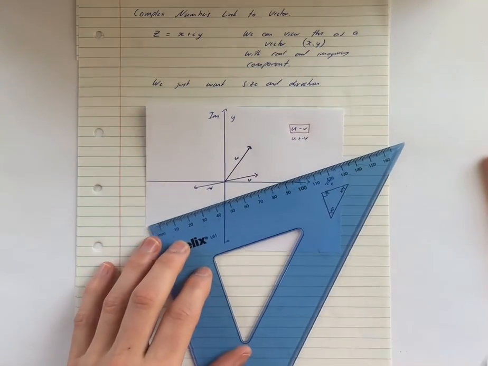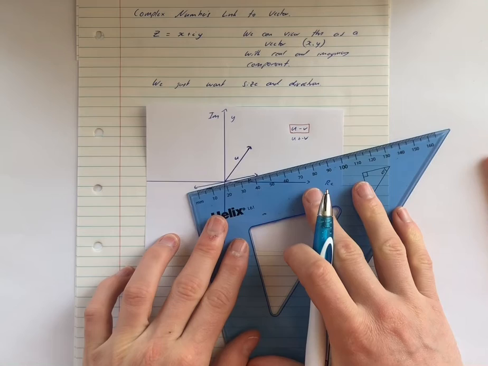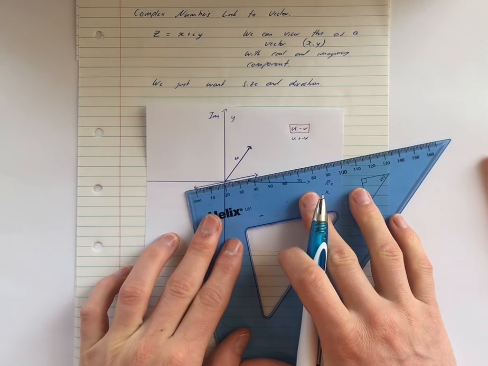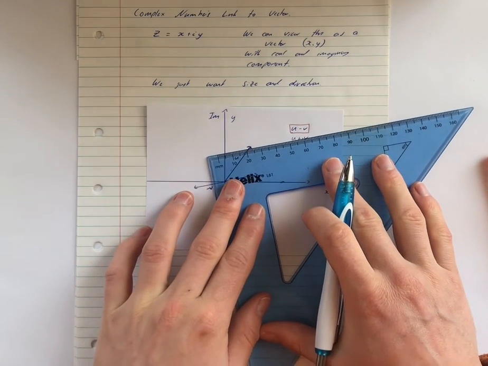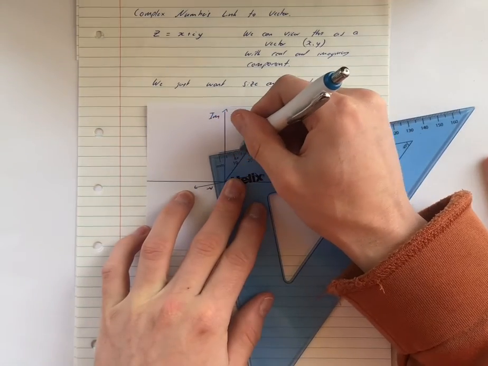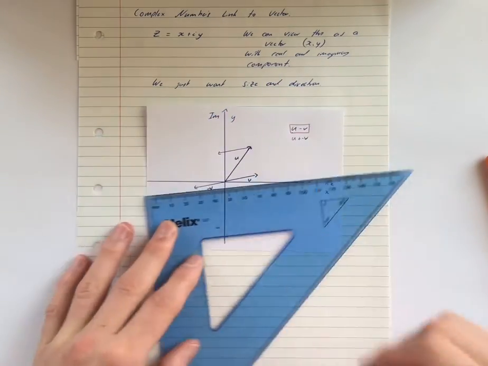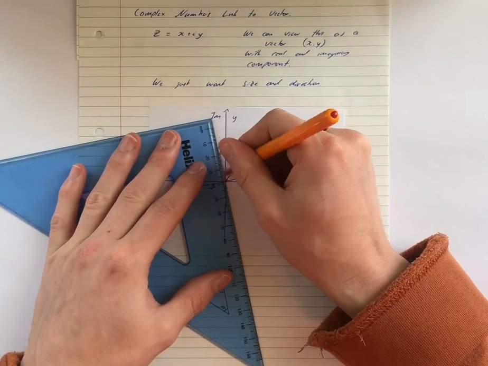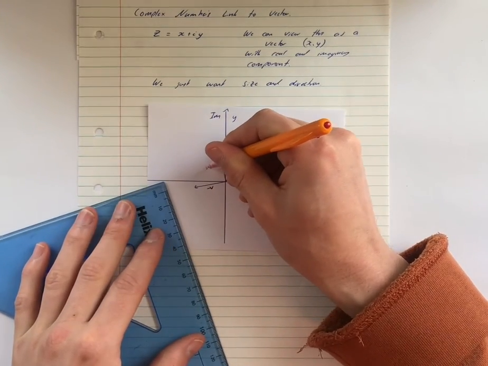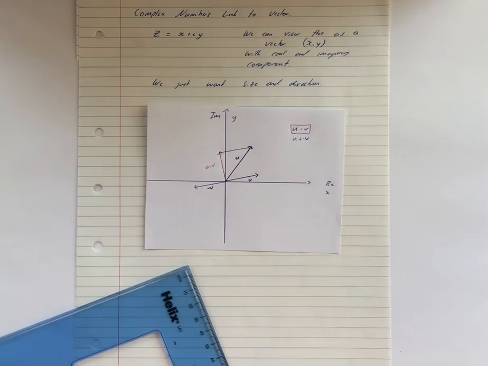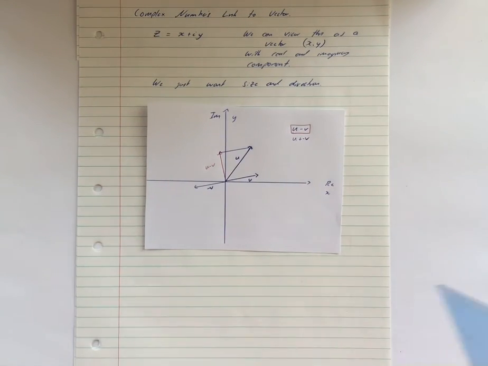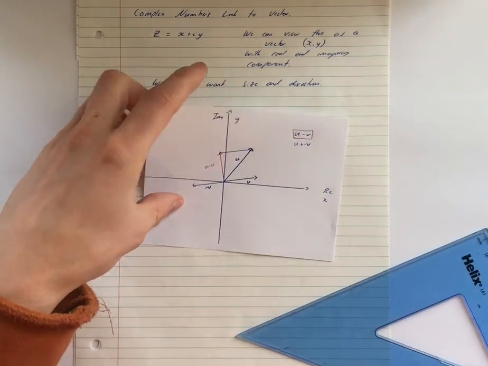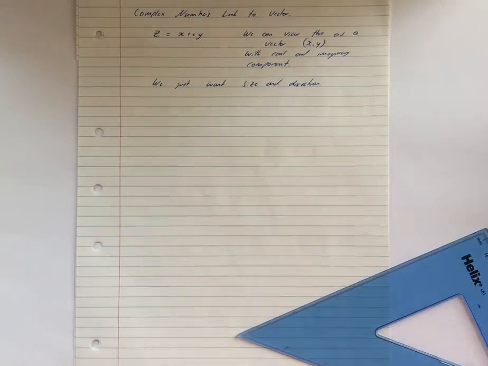And if we added that onto u, we'll take that negative vector and we'll just add that on like so. And then our new vector would be here, u minus v. So that is how vector addition and subtraction work.